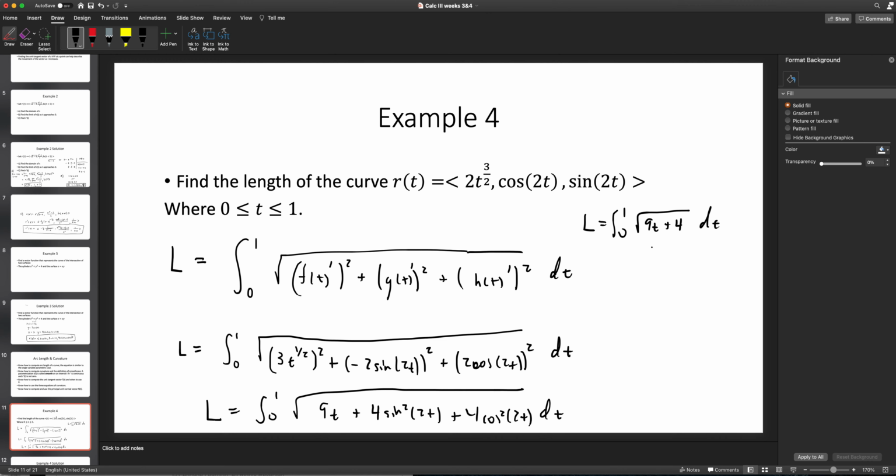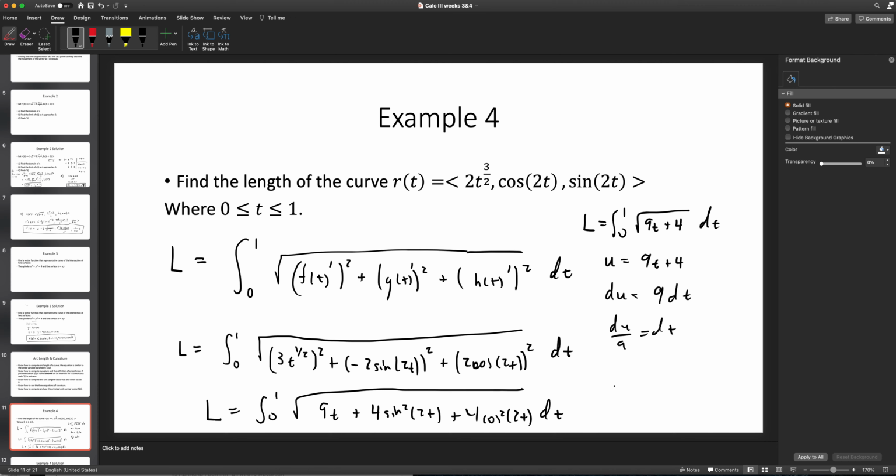Alright, so that's certainly a lot easier to deal with because you can make a u substitution. For example, du over 9 is dt.